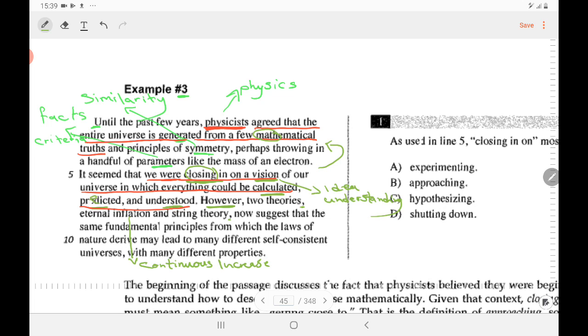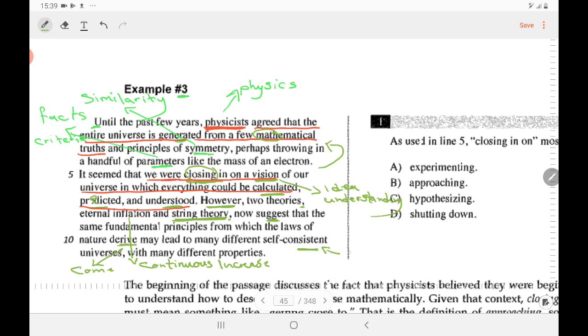This inflation, the theory of inflation, and the string theory now suggest that the same fundamental principles from which the laws of nature come, lead to many different self-consistent universes.